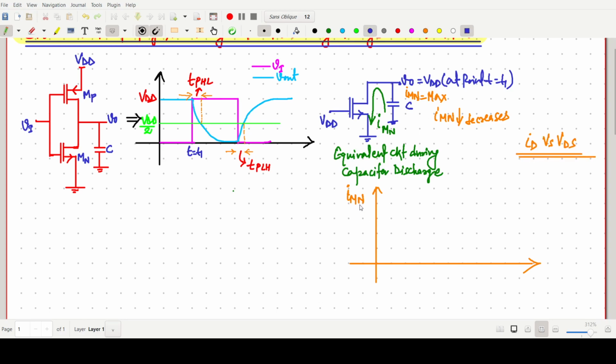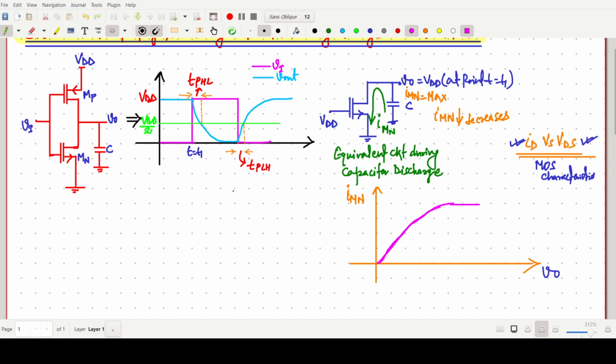This one is IMN and this one is V naught, because VDS is nothing but V naught. So it is somehow a simple MOS characteristic. Here we observe that initially the current is maximum when it is VDD, and after that it will go down to zero.